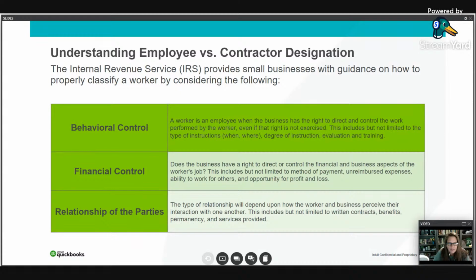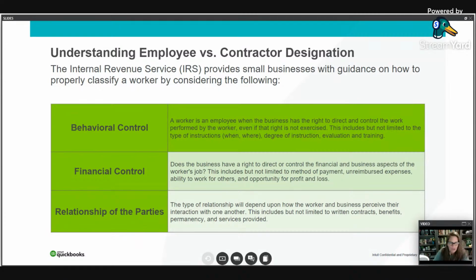A contract stating that the worker is an employee or an independent contractor is not sufficient to determine that worker's status. Just by saying they're an independent contractor and then you tell them what days they have to work, where they have to work, you're providing the equipment, just by stating in the contract that they're a contractor, that doesn't make them the contractor. You have all of these other layers of stuff, the behavioral control, the financial control.